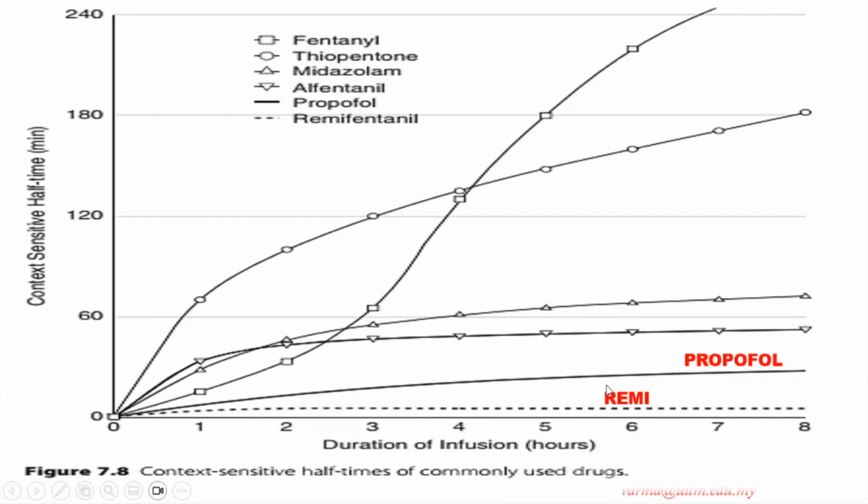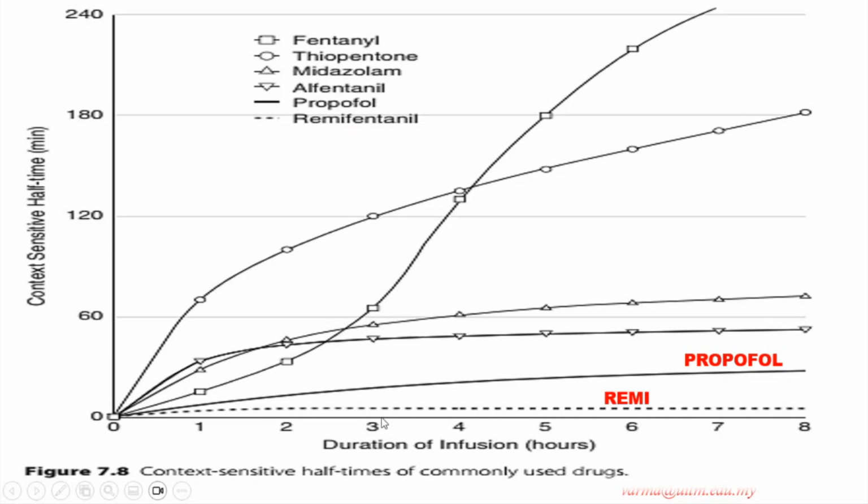Okay. This is the comparison with propofol and midazolam included. You can see midazolam is the one with the triangle up. So this is the midazolam, you can see it gradually increases. After 8 hours of infusion, it can go up to 60 minutes wake-up time, whereas propofol after an 8-hour infusion is around 30 to 40 minutes, if I'm not wrong.